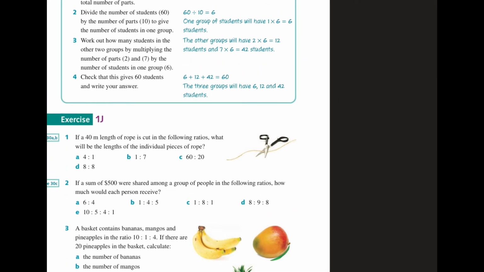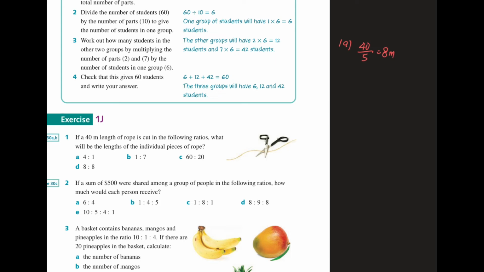Okay, so we have 1A, 4:1. Okay, so I do it at the side here. First we find out the total parts over here. There are 5 parts, which means 4 plus 1, and we get 5. So 40 divided by 5, we get 8.